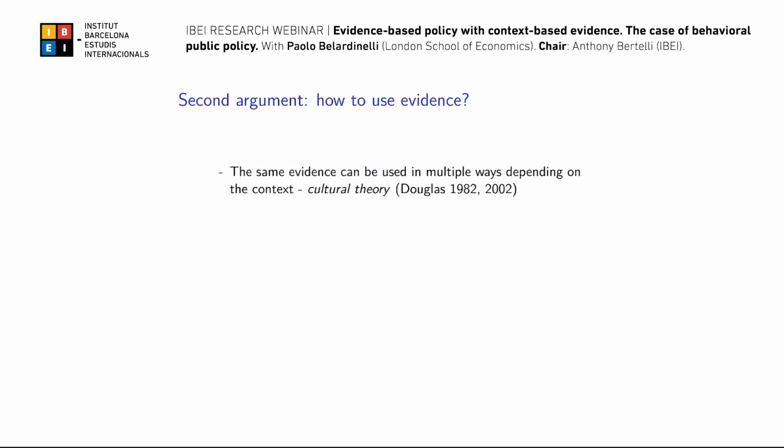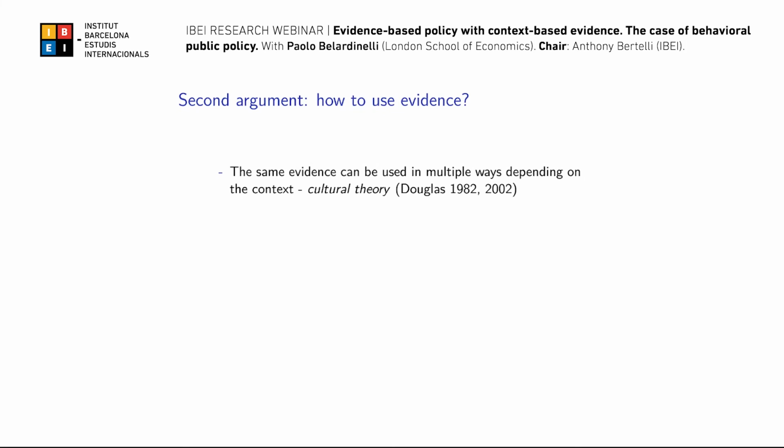Now, moving to the second argument. So now let's say that we forget about ecological rationality and we only take the bounded rationality perspective, meaning we are boundedly rational and we are affected by cognitive biases.